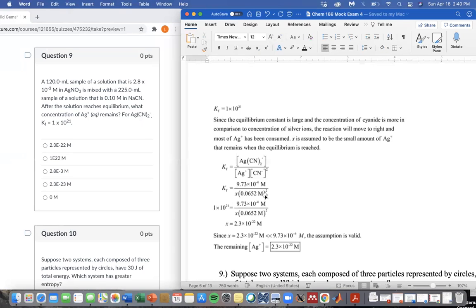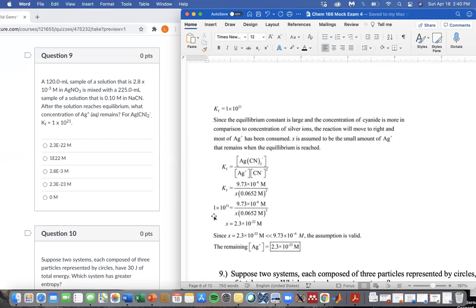And so you would square that because there's 2 moles of cyanide for every 1 mole of silver and every 1 mole of Ag(CN)2 minus. And so, in order to solve for Kf, you would divide 9.73 times 10 to the negative fourth.